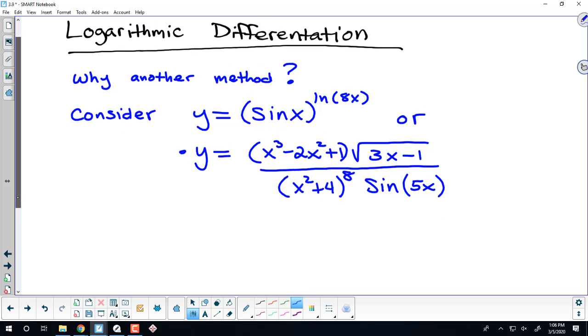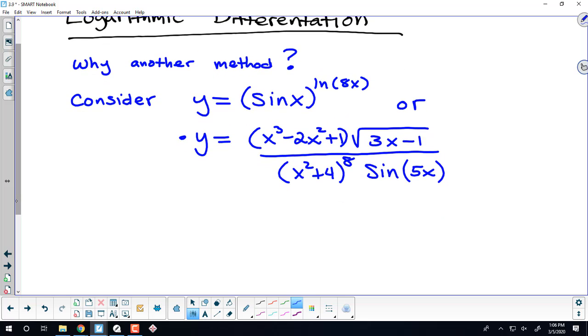So we'll just say here, in order to find y prime, and just so we're clear on which y we're talking about, I'm going to call this function h of x.